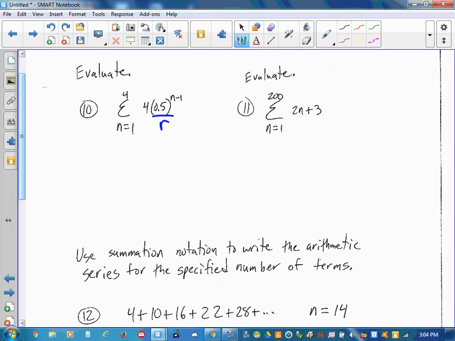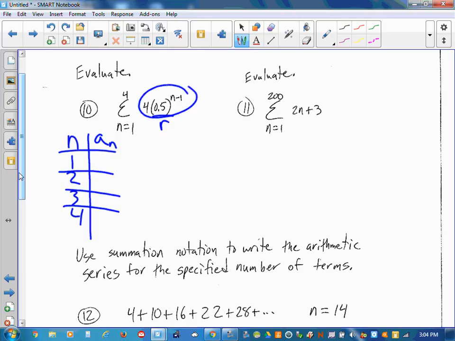So I'm going to make n equal to 1. Maybe it would help you to think of it this way: n and then an. So if n is 1, n is 2, n is 3, n is 4. So basically, you're just plugging 1, 2, 3, 4 into this formula right here and getting answers.